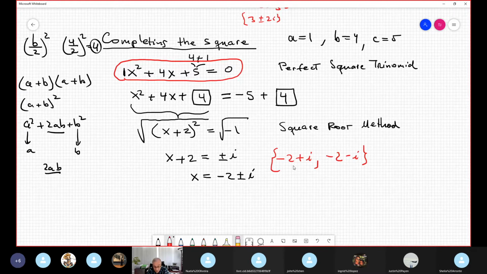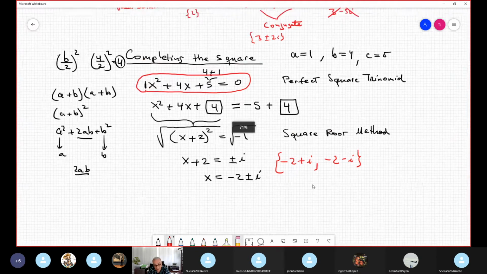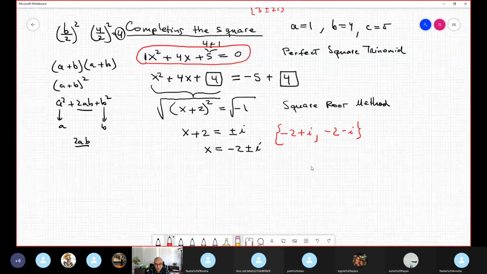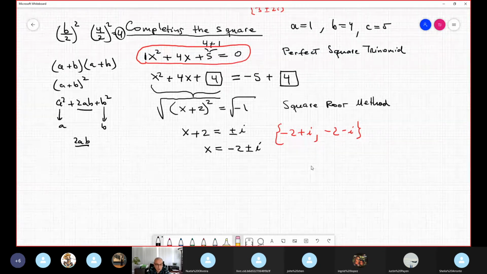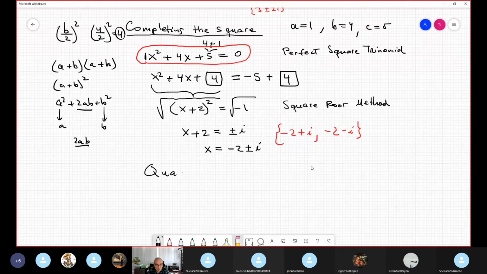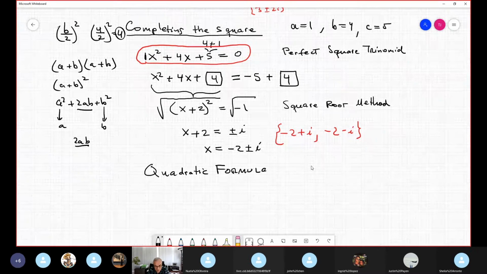Okay, this looks complicated, I know. However, we have the formula, the formula that Nuela wants. What is the quadratic formula? Okay, this is fantastic, guys.